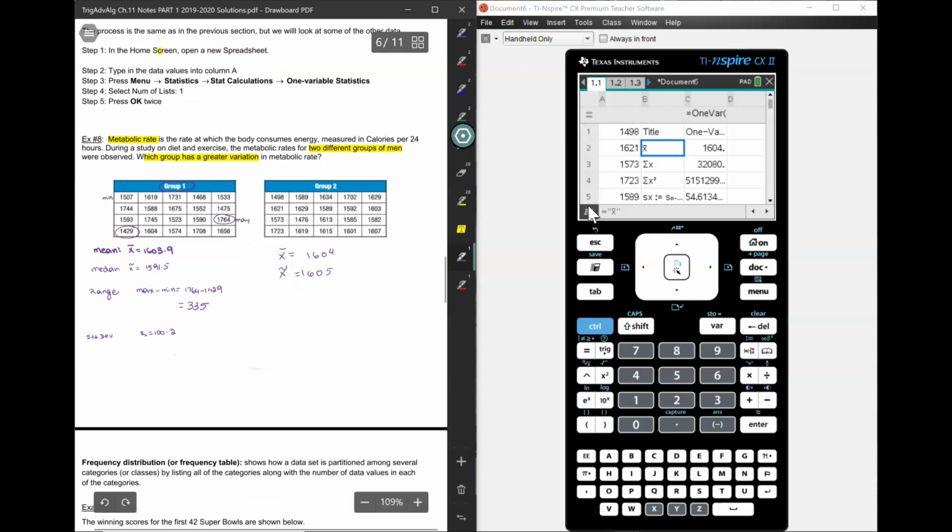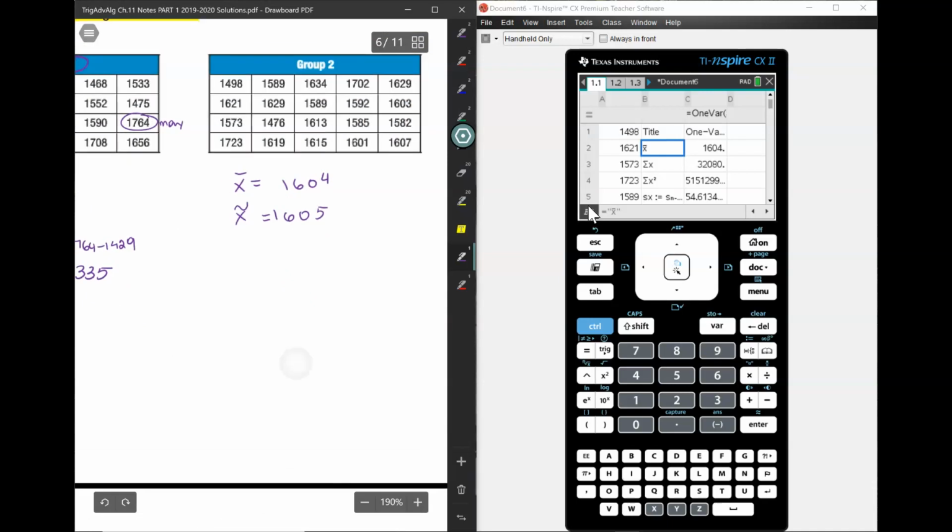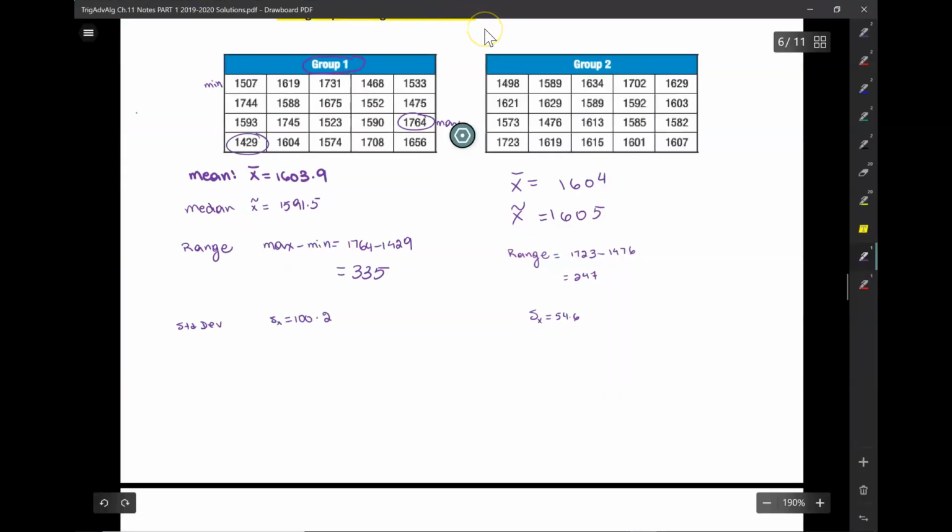The range is 1723 minus 1476, which is 247. And you can see over there that the standard deviation is 54.6. Right, so let's go ahead and see what all this means, okay?